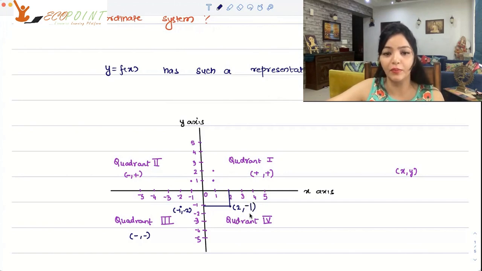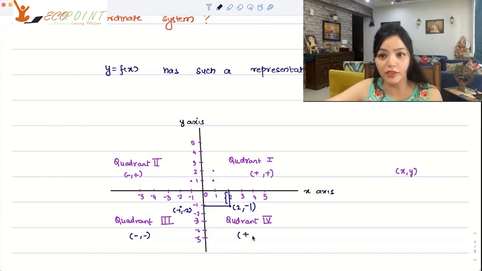So we will say that the point is (2, -1). This vertical line is 1 unit, but it's in the down direction of the y-axis, so it's negative. So (2, -1) is what you get. In this quadrant, you will get all positive x's because it is to the positive side of the x-axis, but negative y's because it is to the negative side of the y-axis.